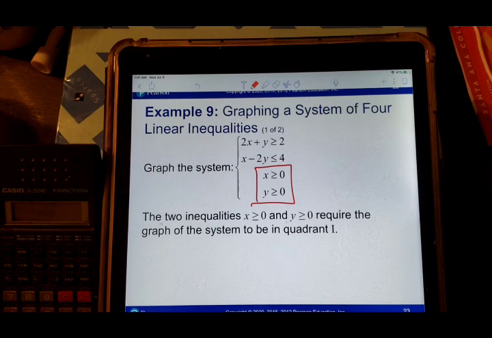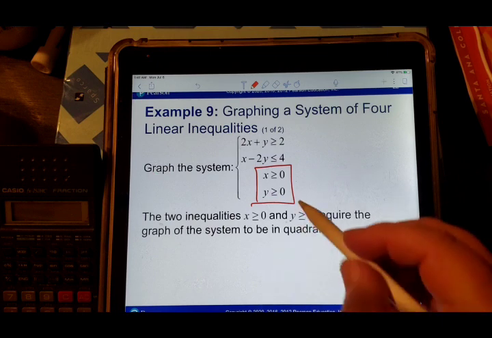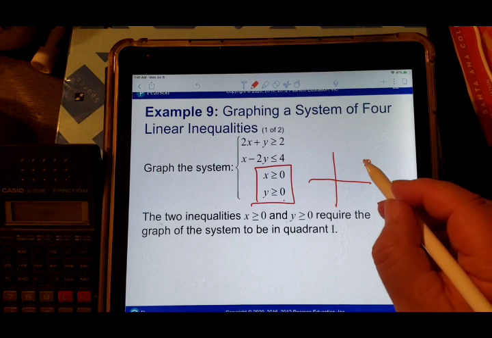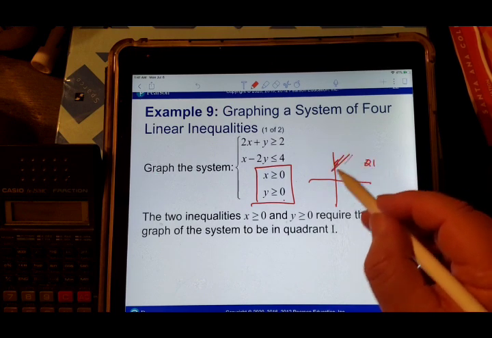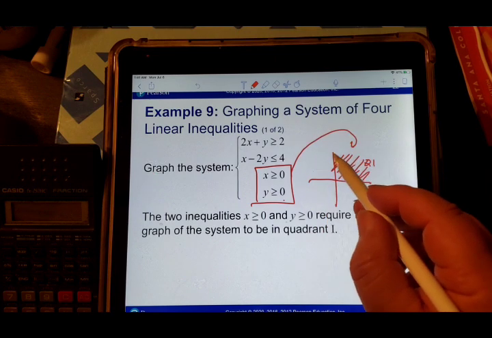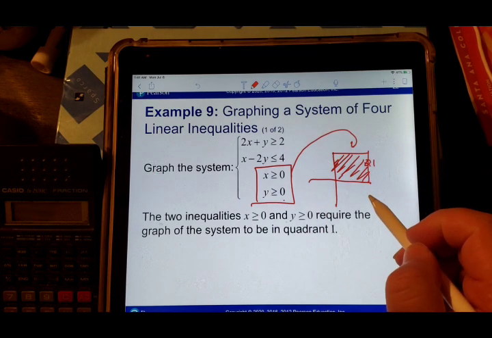Both of them are greater than, you don't always get that, but when they say x is greater than 0, y is greater than 0, they mean quadrant 1. So this thing right here means in quadrant 1.